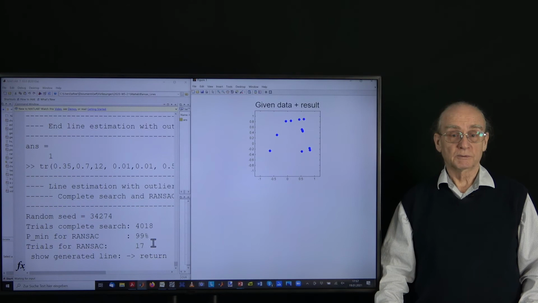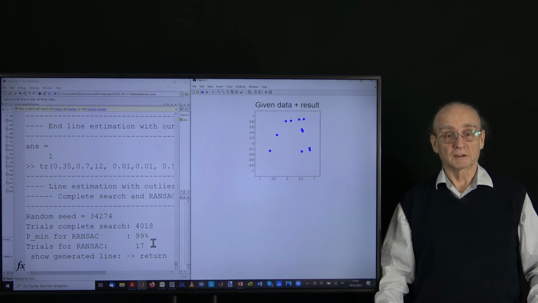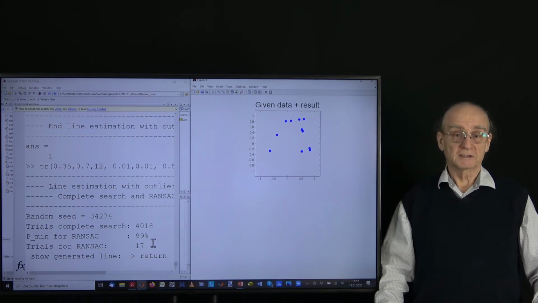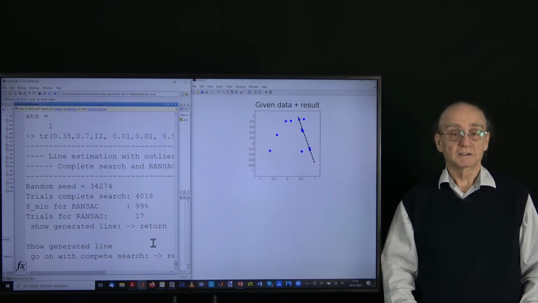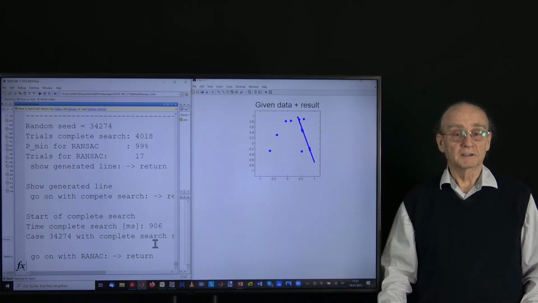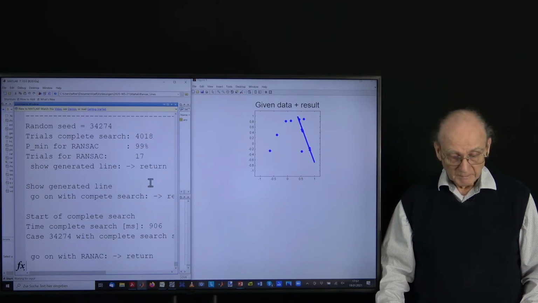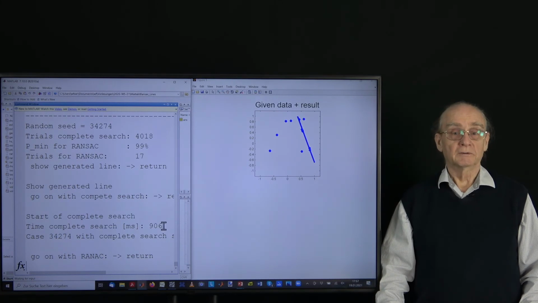RANSAC still works with 17 trials. So the computing time for RANSAC will be significantly faster than the complete search, or better, the other way around. The complete search will take quite long. So let's look at how long the complete search takes. It's about 900 milliseconds.